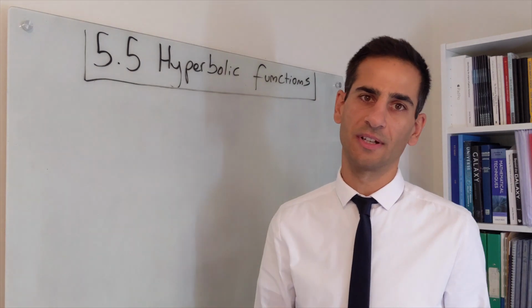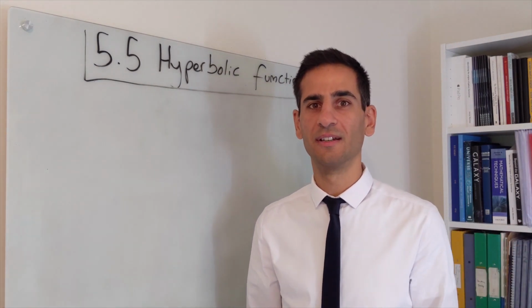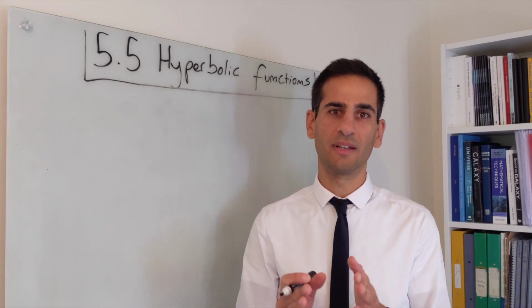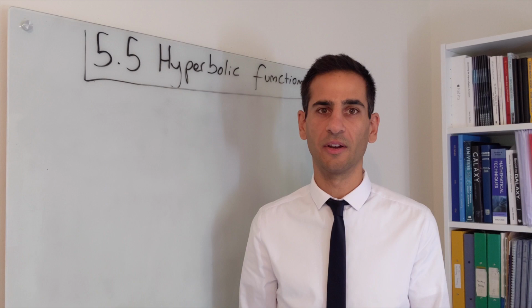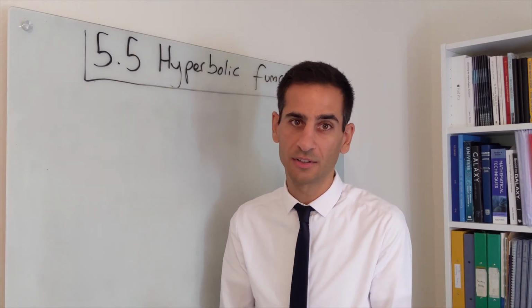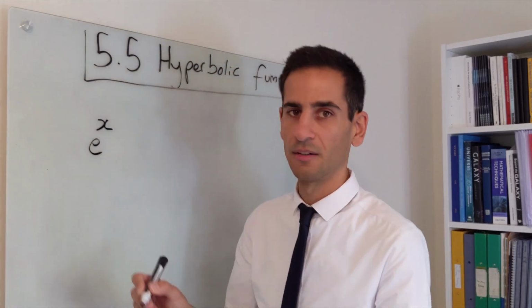Just before we define the hyperbolic cosine and hyperbolic sine, let's look at the basics. What if you're completely bored and you start playing with exponential functions? Now, the simplest exponential function that you could write would be e to the power of x, right?